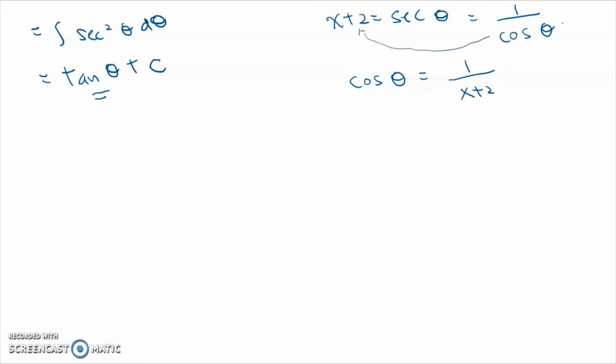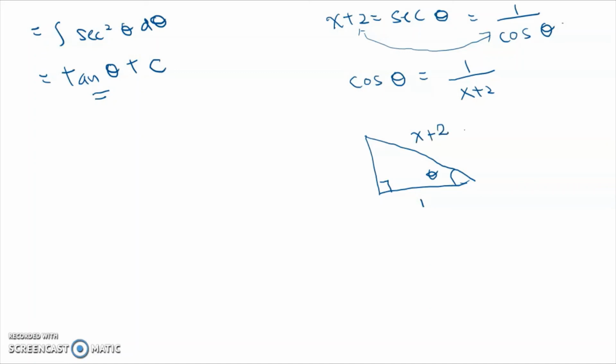I just swap this one and this one. So if I sketch a triangle, which has 90 degrees here, cos theta is equal to 1 over x plus 2.